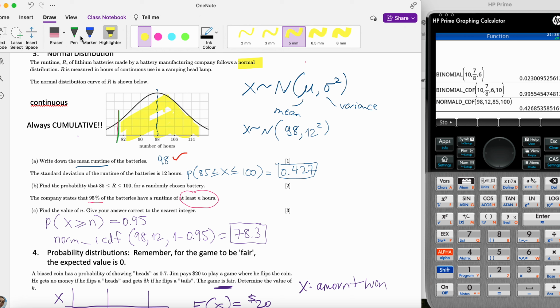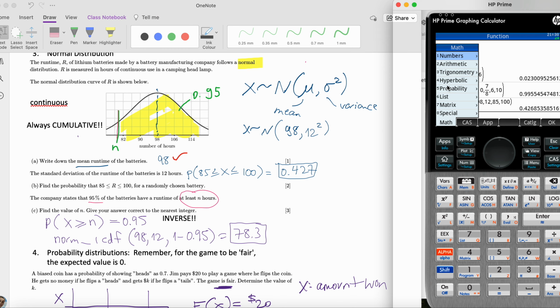Remember, these are actually probabilities, so this is 95% and it's greater than some n. This is the inverse. What makes it inverse is you are given the probability, the area, and you need to find the actual bound, the actual number of hours.